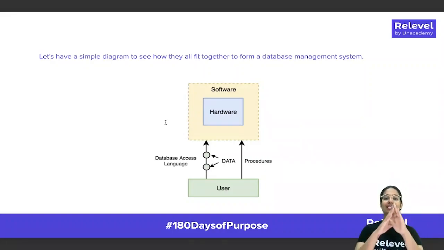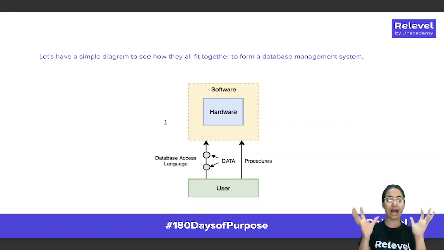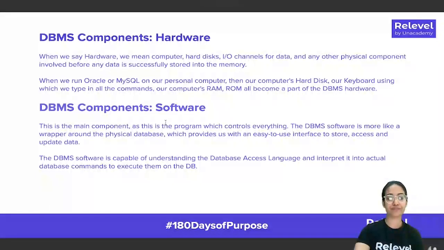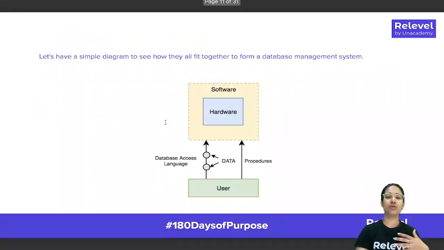Software is like a wrapper written on top of hardware so that it understands all the commands that you write, executes those commands and fetches the required results for you. So it's like a wrapper written on top of physical hardware. And it is capable of executing queries, and it also provides a good interface for you to access the databases.